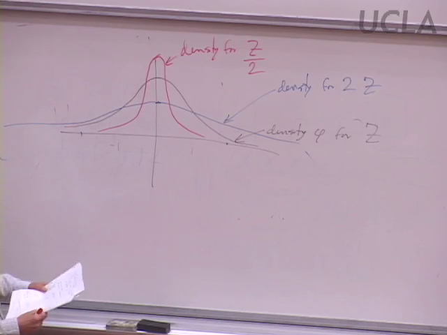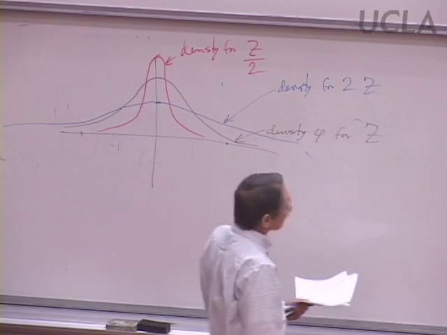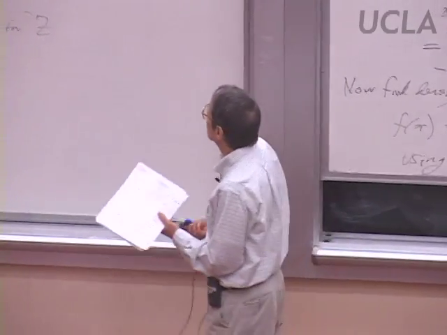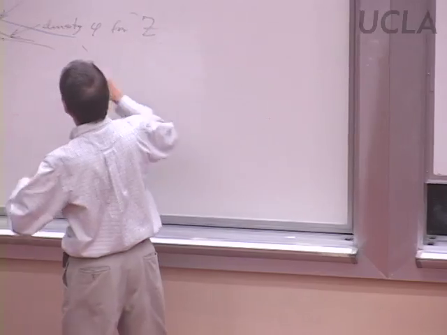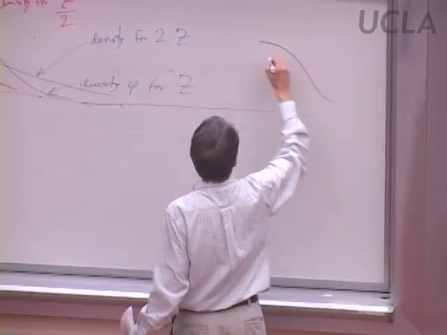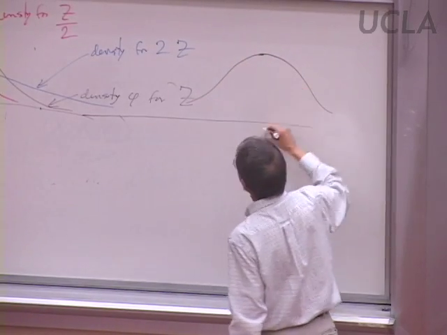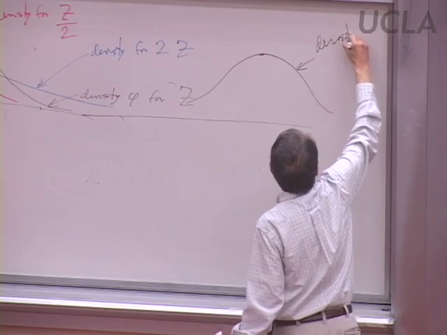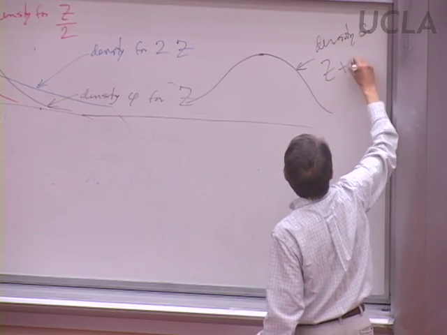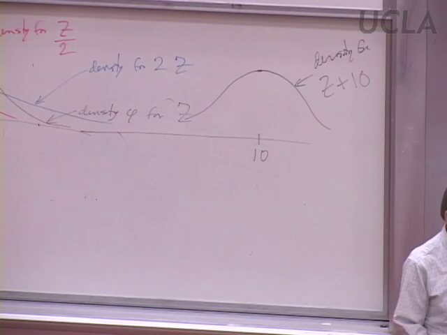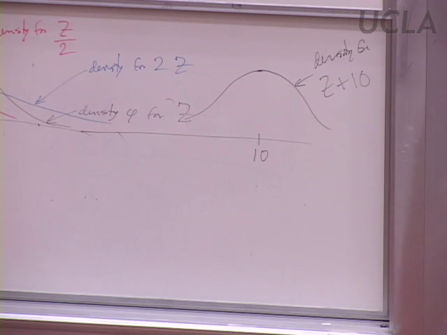Yes, it's going to pull things in. And the density function for Z plus 10, well, that's going to be in this picture out here somewhere, say that 10. Z plus 10 still has standard deviation 1, of course. But the mean has been moved forward.